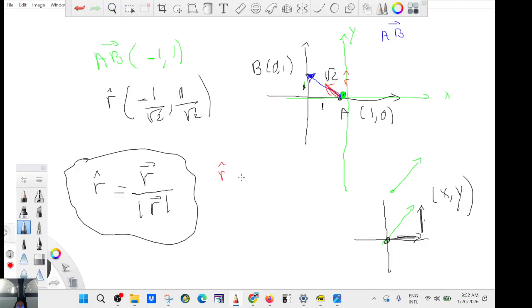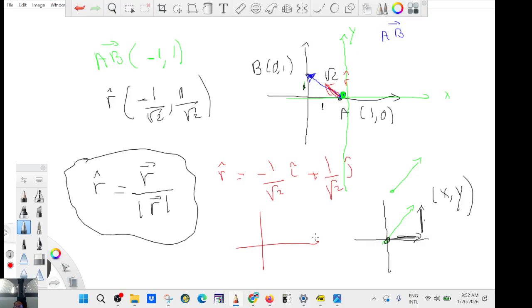So r hat, we can say it's -1 over square root of 2 i hat plus 1 over square root of 2 j hat. It's just a different notation. That means this is x, and that means this is y. Okay?